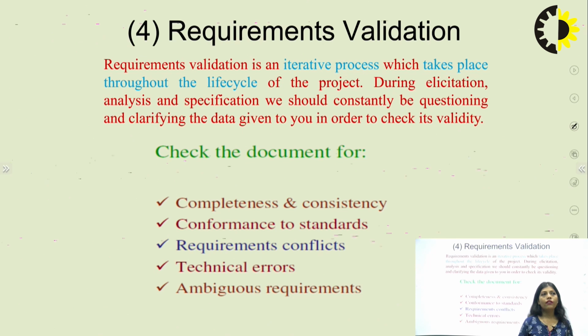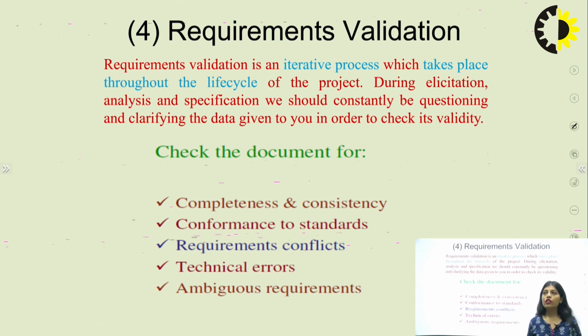While developing the whole software project, in every stage, we can perform validation. So during elicitation, analysis and specification, we should constantly be questioning and clarifying the data given to us in order to check its validity.